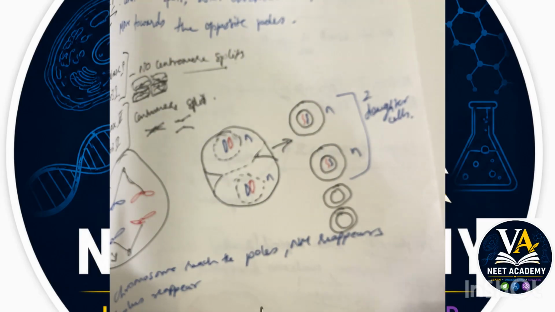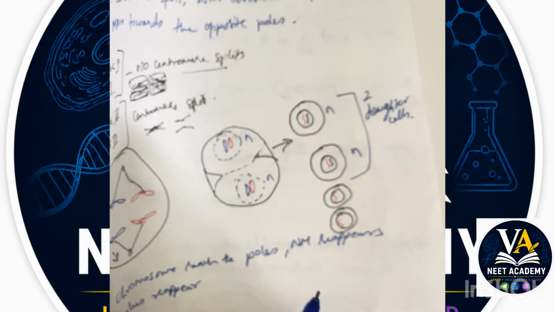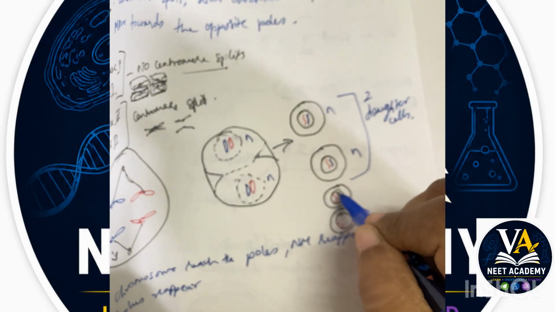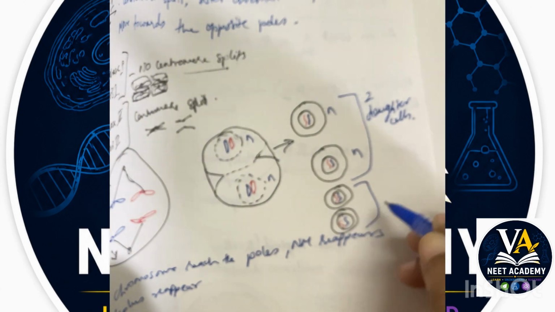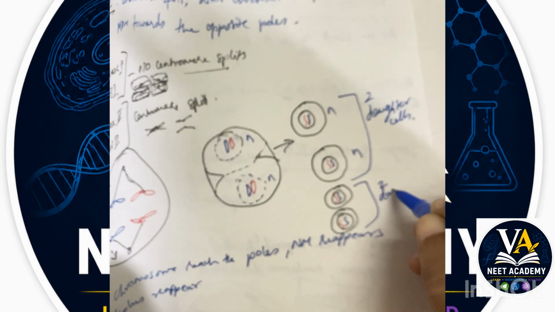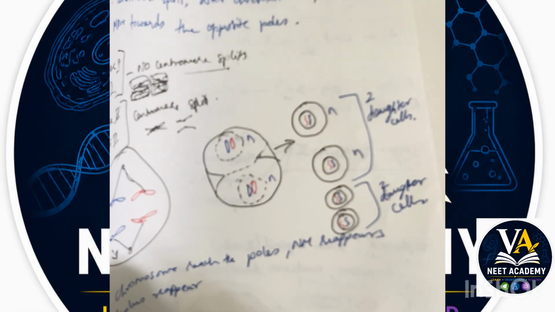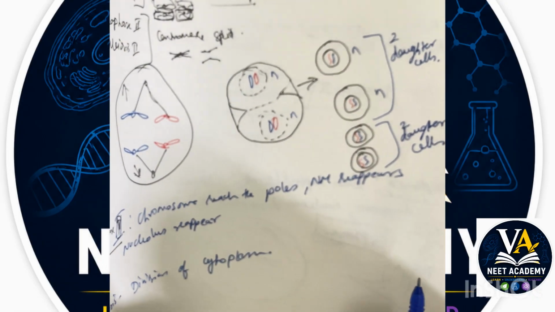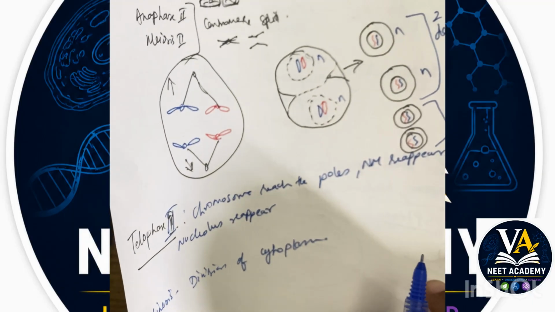So finally, after meiosis II is completed, how many daughter cells do you get? You get 4 final daughter cells, 2 from each parent cell.